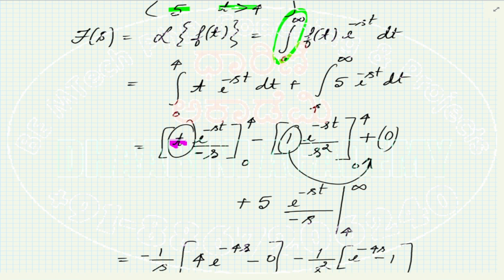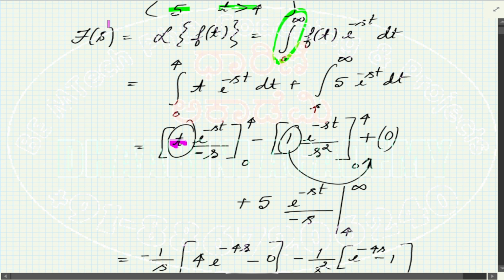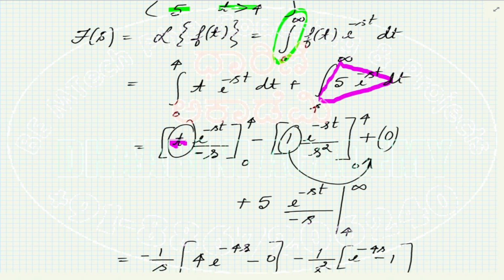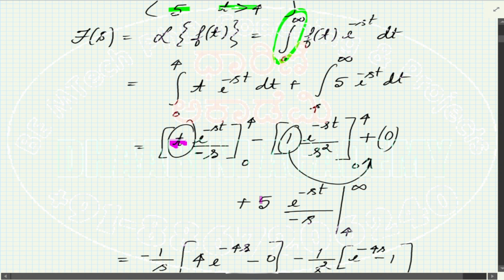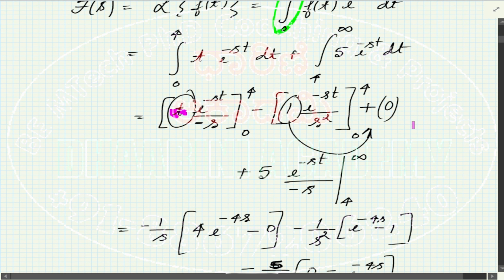I have put an arrow mark showing that this becomes equal to 0. All right. Plus there is another term, right? You can see that this is still there, that we are integrating. 5 is a constant. 5 into, it's just e to the minus st. So integrate e to the minus st by minus s. Okay, just go through this step, and if you're fine, I would like to proceed.